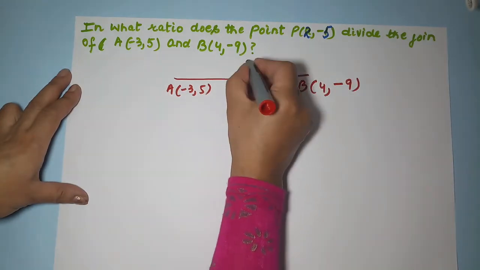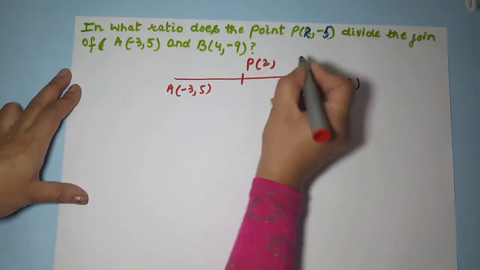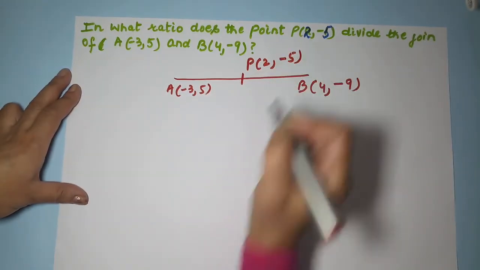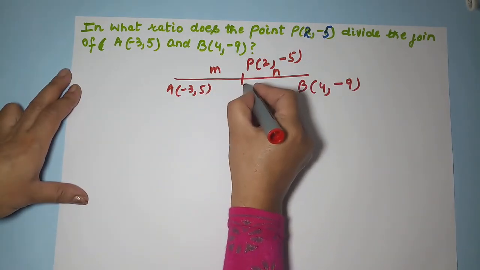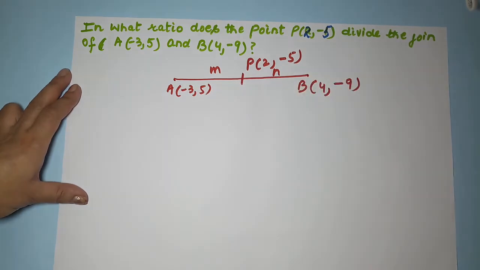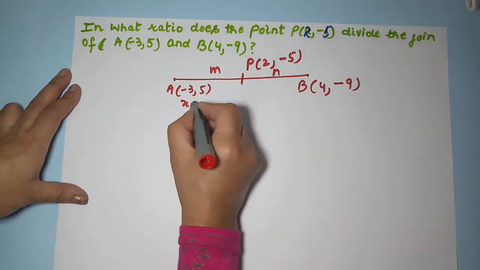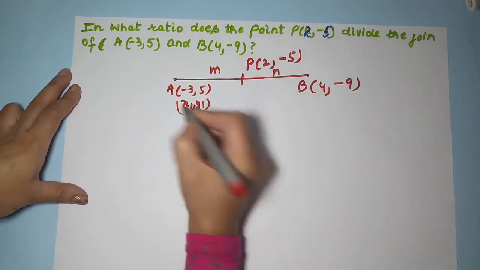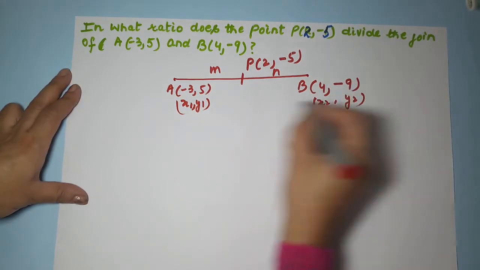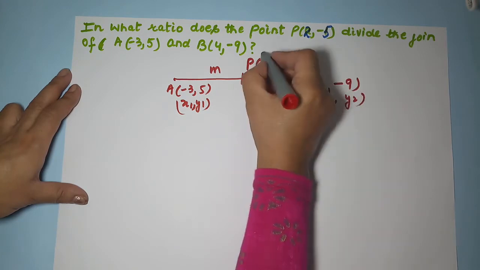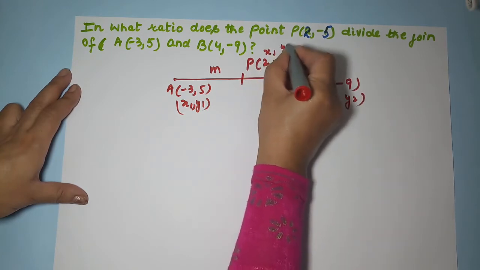And then there is a point P whose coordinates are 2 and minus 5. We have to find in which ratio this P divides the join of AB. Now let's write, this is x1, y1. This is my x2 and this is my y2. This you should always write, it will help you always. This is x and this is y.